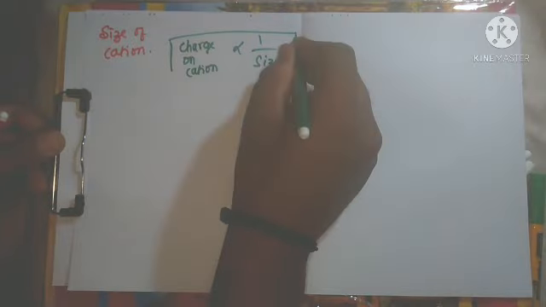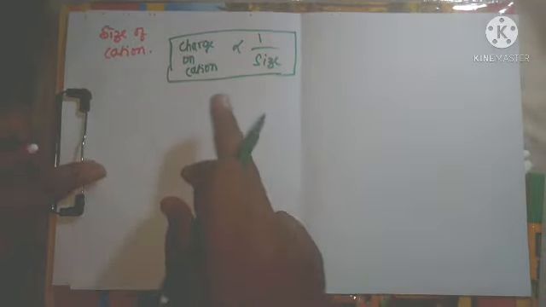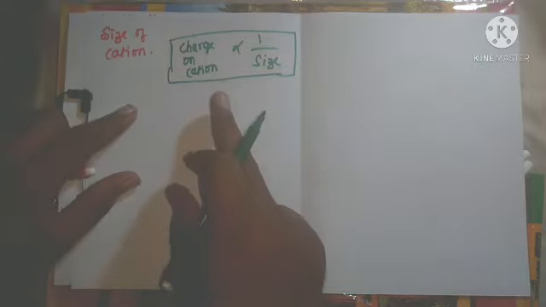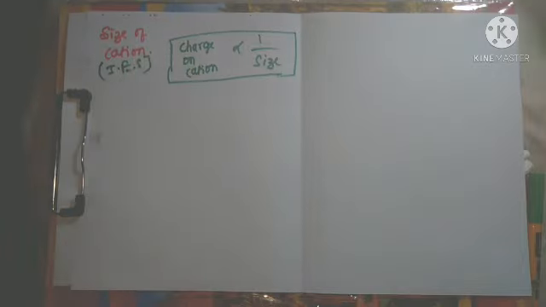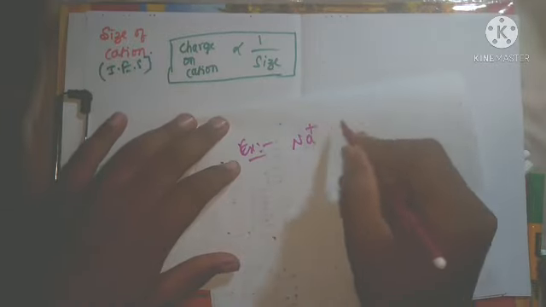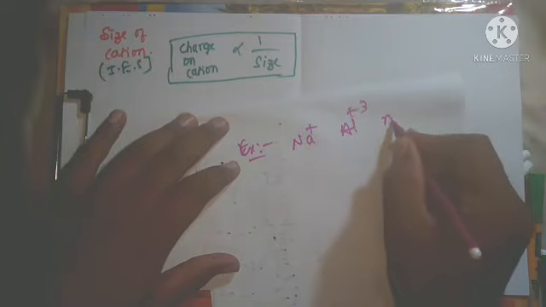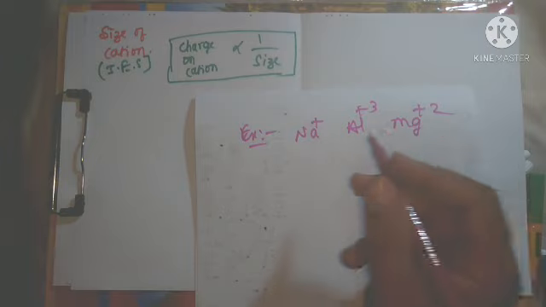Means when the charge of the cation is more, then size will be less. This is for isoelectronic species only. Particular example we will take here. Now for example, here Na plus, Al 3 plus, Mg 2 plus. Arrange its size in increasing order. Right, what is the question?